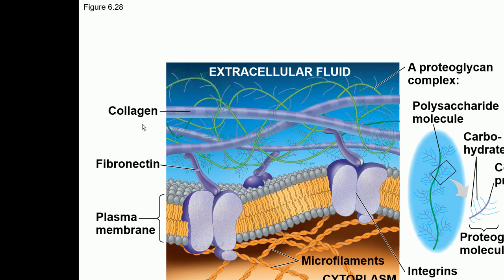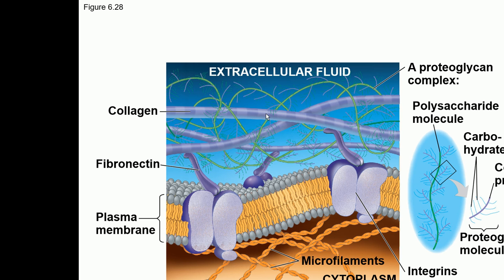You can see here, this is an animal cell, this is the plasma membrane, this is the phospholipid bilayer, and these are various proteins embedded in the phospholipid bilayer. One of the proteins is integrin. Integrin is a receptor protein embedded in the plasma membrane of the cell.